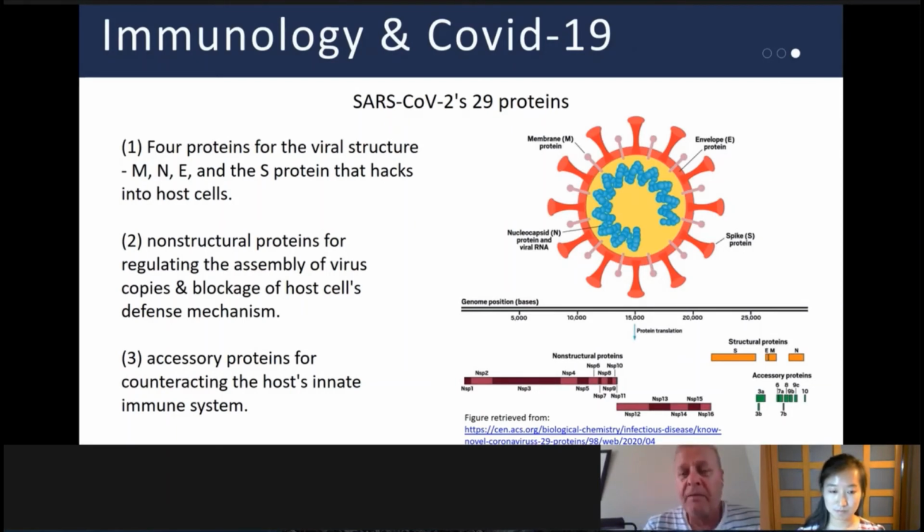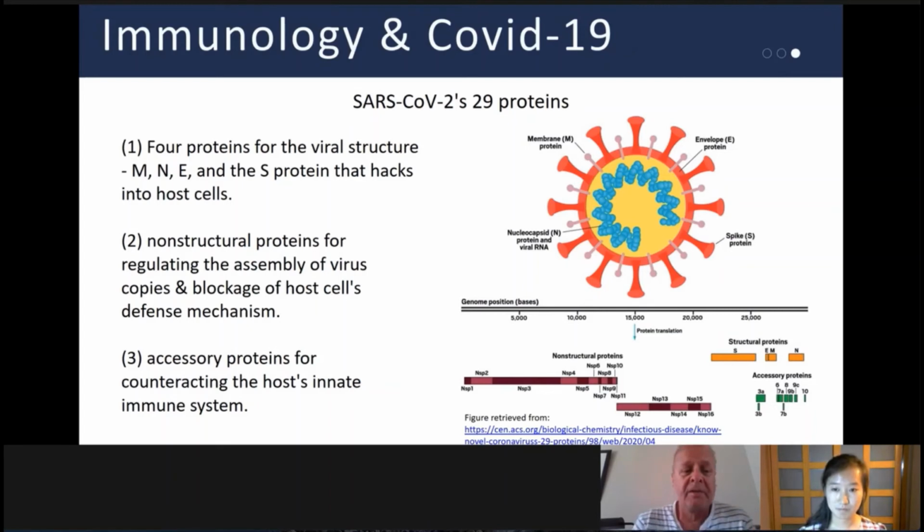Like many other viruses, COVID-19 consists of a number of different genes. So they have genes like we do. They have structural genes, in the case of COVID-19, 4 genes that encode proteins that help to maintain the actual structure of the virus.